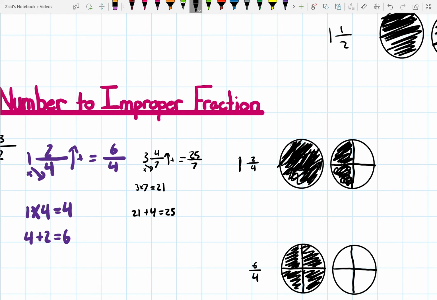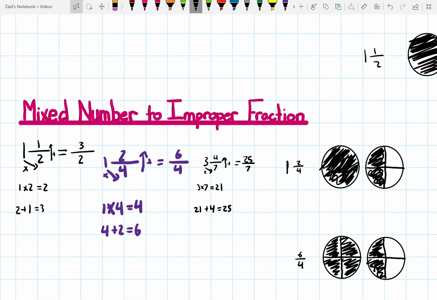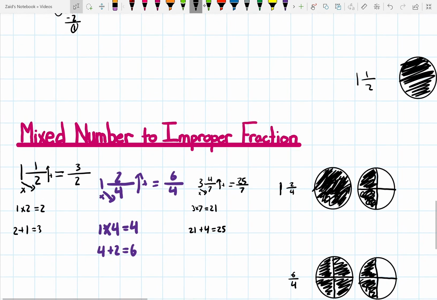And I have 4 equal parts now, and since over here was 4, to get 6 parts I would need to shade in 2 more. So 1 and 2, and you can see that it's the exact same thing. So that's how we go from mixed number to improper fraction, and that's all for today.